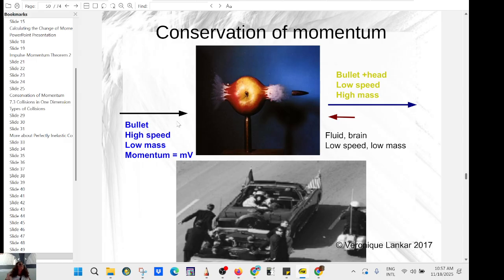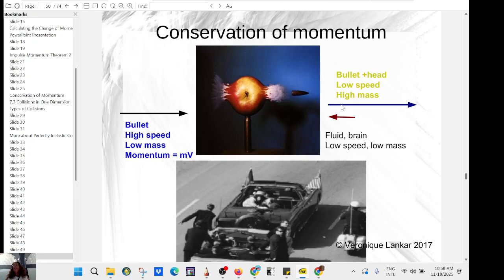Momentum is a vector. It's going to be important for conservation in 2D. The total momentum before equals the total momentum after. So you need to have the vector with the same magnitude and the same direction. Before, the momentum is a very large vector.